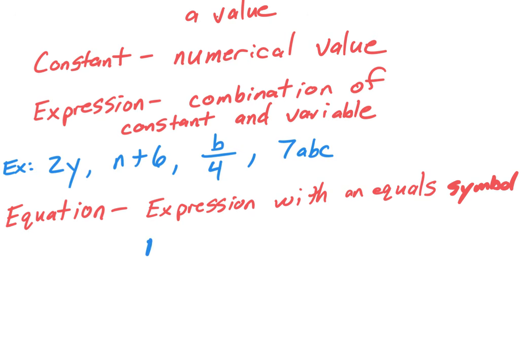So I could say x minus 4 equals 12. Okay. Eventually we'll solve that, but right now we're just saying that would be what we call an equation, because now we've added the equal sign to it. We're saying that these two expressions are equal to one another. They're equivalent.